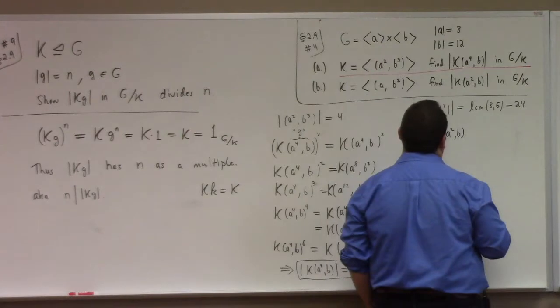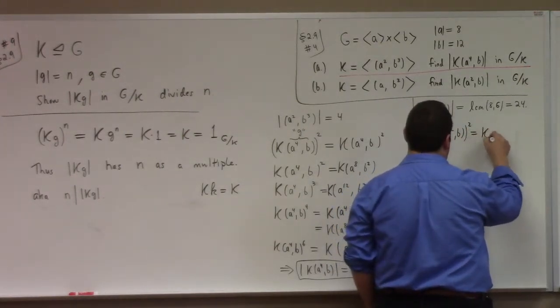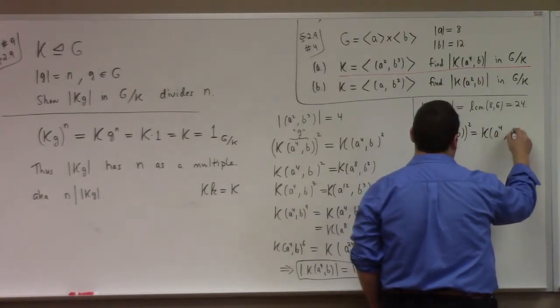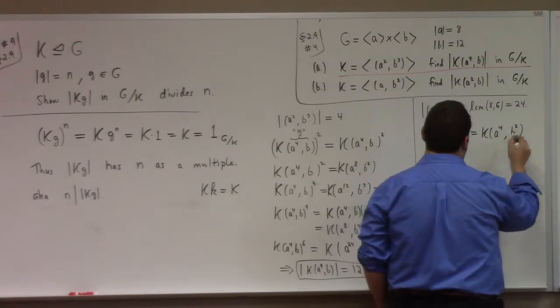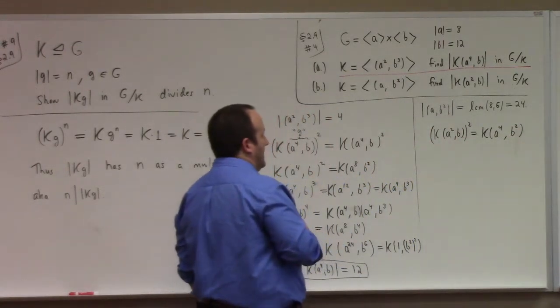Okay. So let's square this thing. What do we get? A to the 4th, b squared, right? Is that in K?